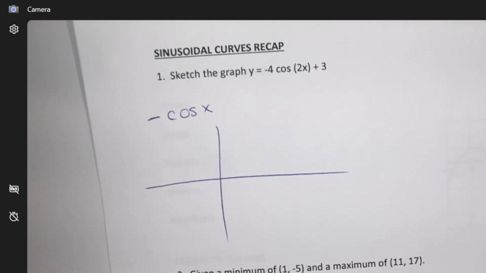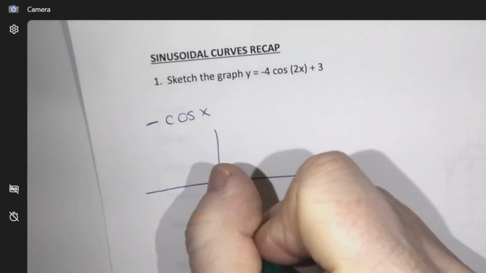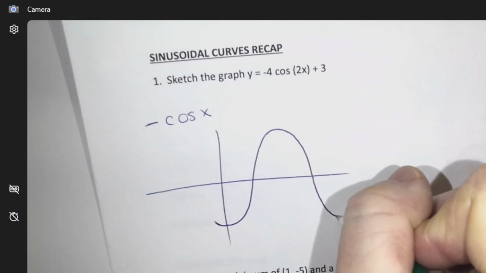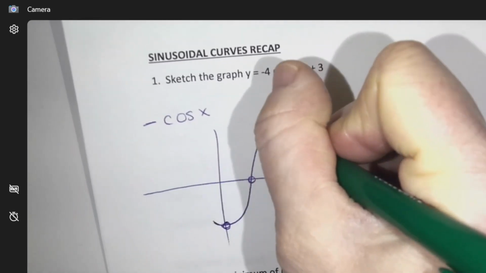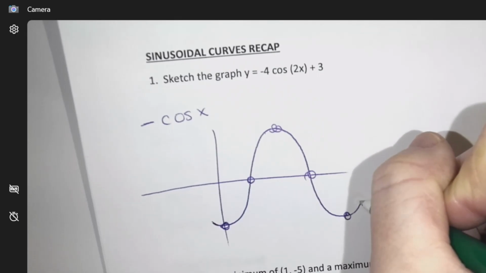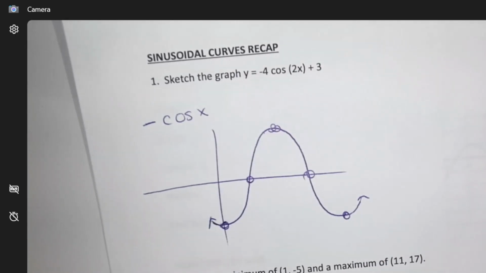How would you draw a reflected cos? Cos usually starts at the top, so because I reflected it, I started at the bottom. That's the negative, so we're done the negative part of it.